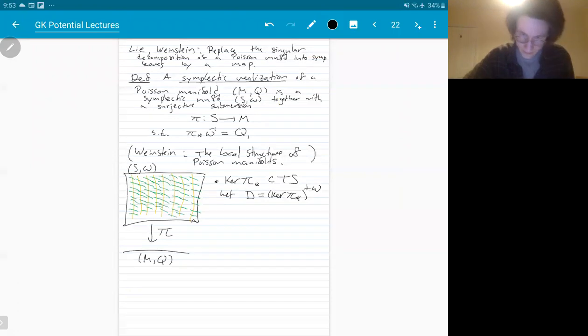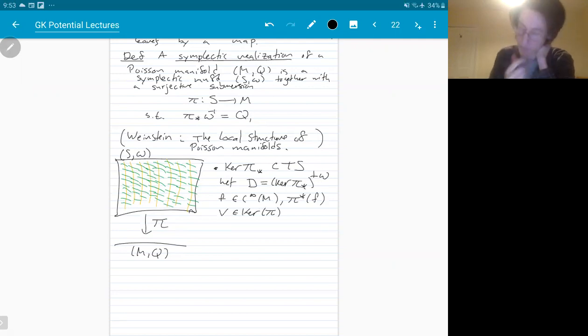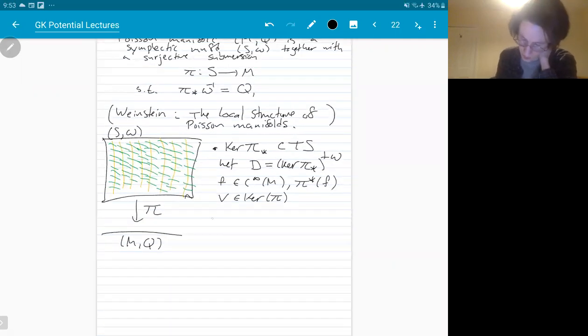Well, here's something you can do. Let me take a function f on M. Then I can pull it back to get a function on S. Now, if I have a vector V in the kernel of pi and I apply it to the pullback of f, I get 0.